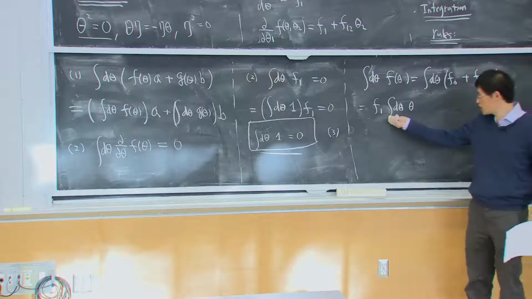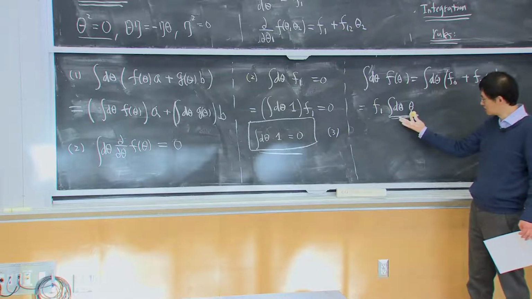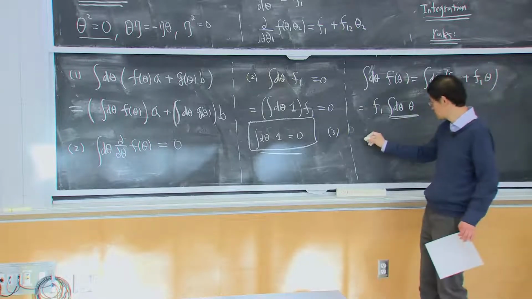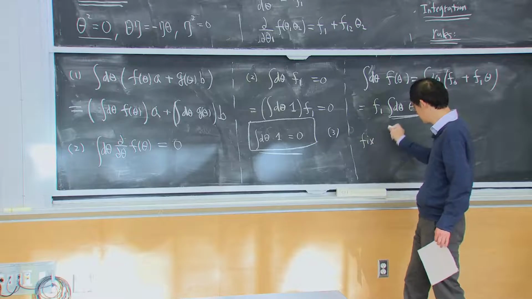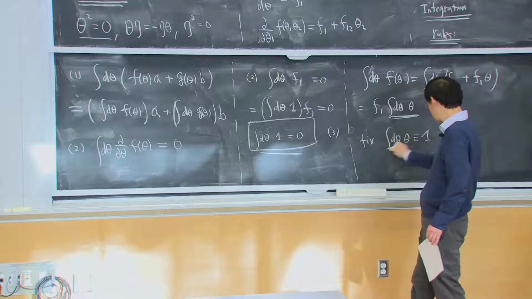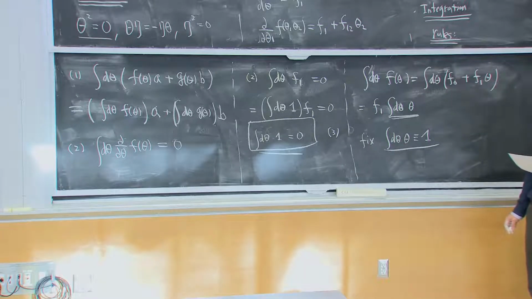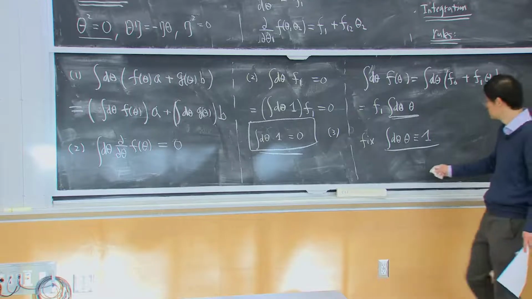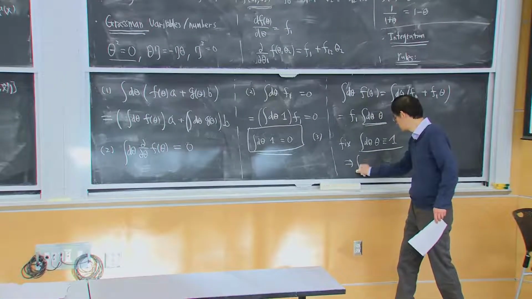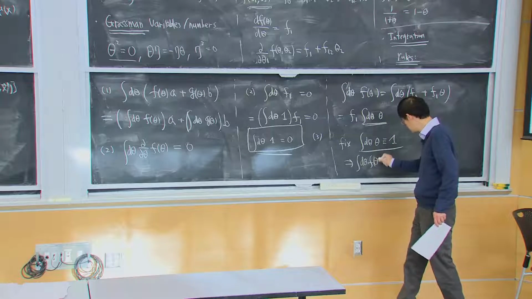If we fix the value of this object, then we fix the full integral. So we just define it, up to a constant, to be 1. That fully specifies the rule, and we conclude that the integral d theta f theta is equal to f1.